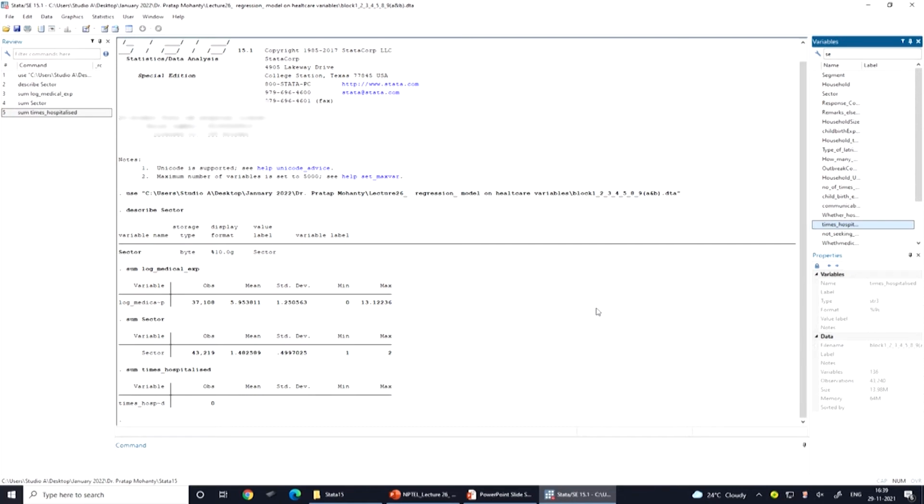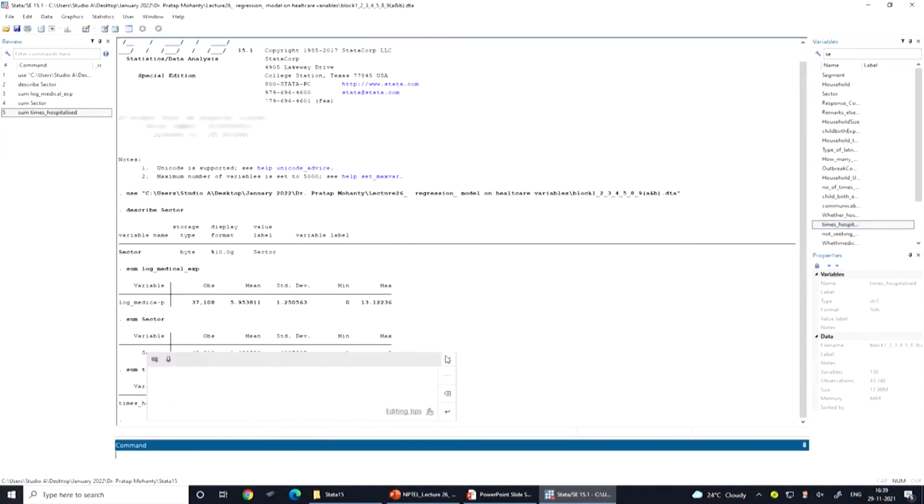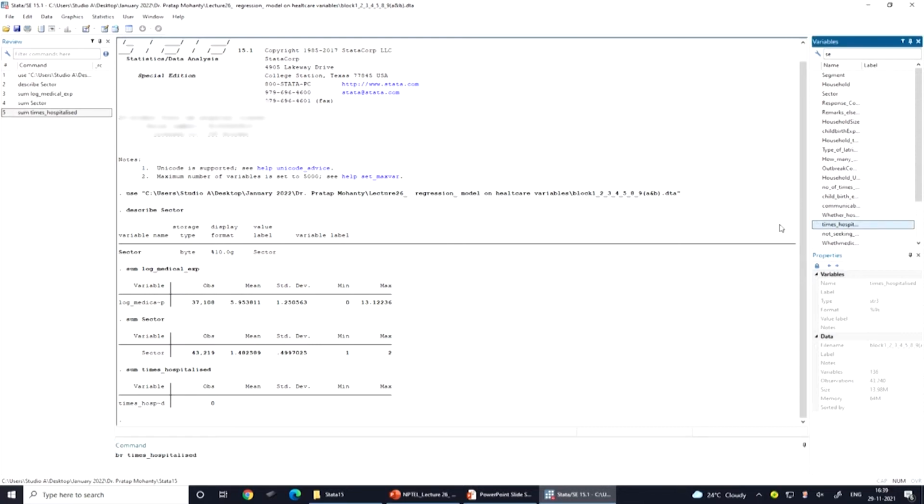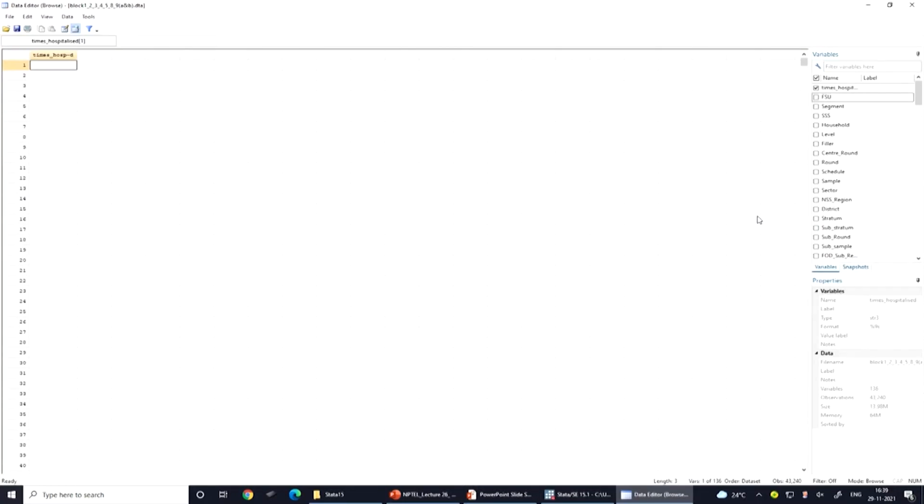Since this is a string variable, the summarize table is going to give us 0. How do you know that this is a string variable? Just check with browse, the variable times hospital. The font of this one must be in red, or there are no entries at all.